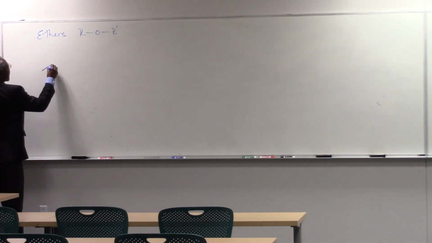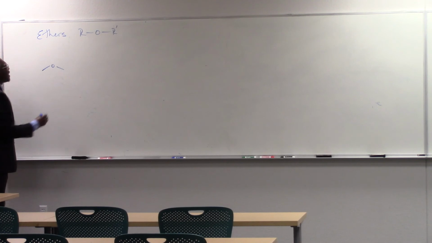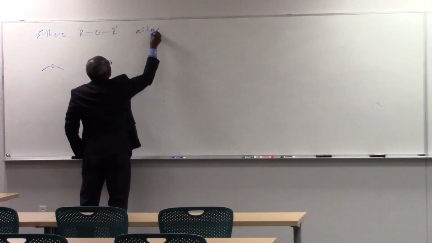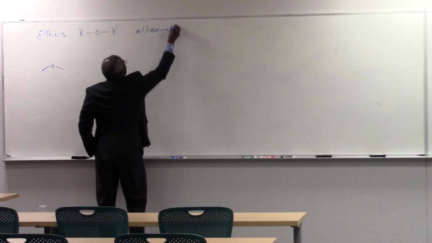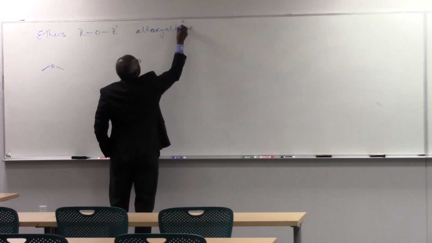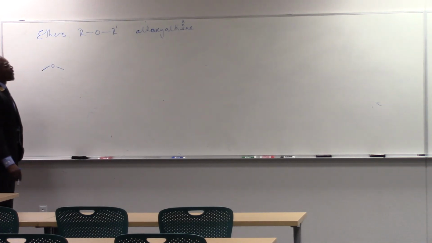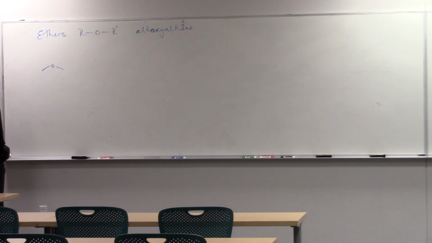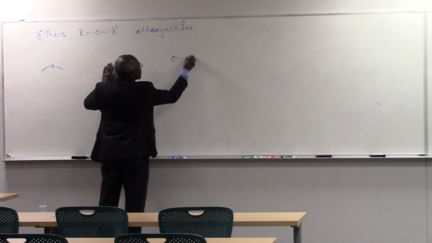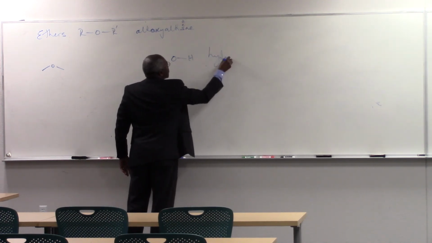So if I have this compound, they're named as alkoxy, alk-something-ane. So this could be a, e, or y, depending on the backbone. So they're called alkoxy alkanes, right? Just to make a quick point here, the OH group is called a hydroxy group.